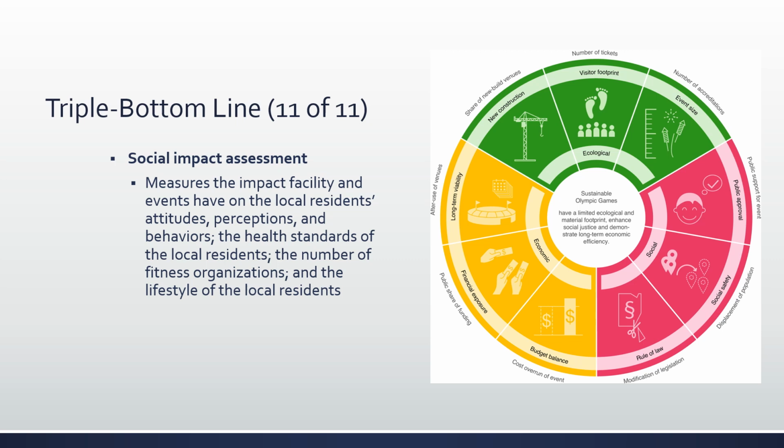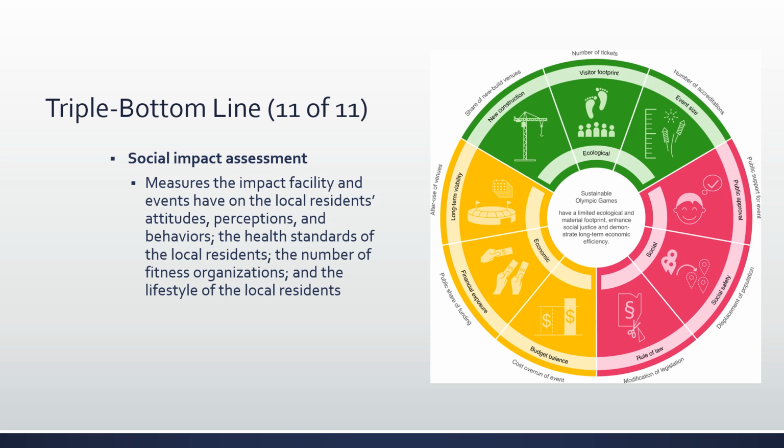Social impact assessment typically involves several stages, including identification of stakeholders. It's the first step in social impact assessment to identify the stakeholders who may be affected by the sport facility or event. This includes local communities, residents, participants, volunteers, and other interested parties.